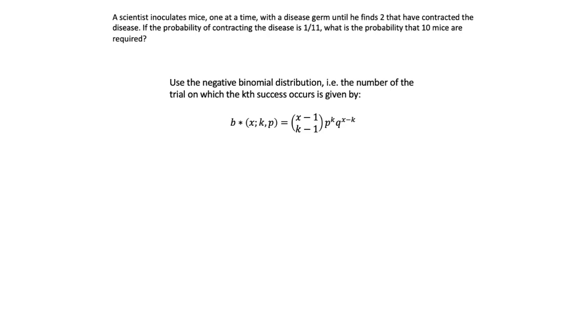In other words, the number of the trial on which the kth success occurs is given by this formula. Here we have x equal to 10, k equal to 2, p is 1/11, so q is 10/11. Plugging into our formula, we get a probability of 0.0381.